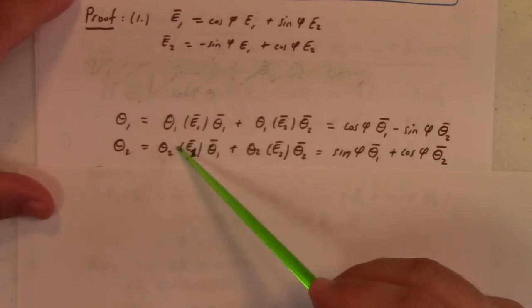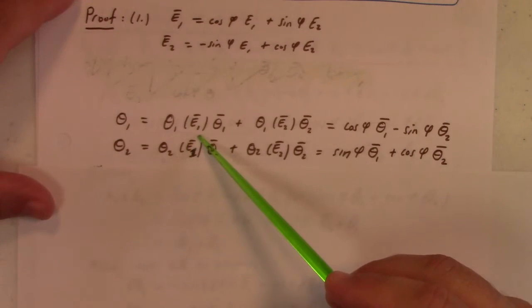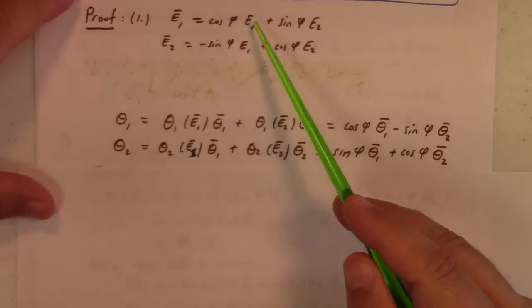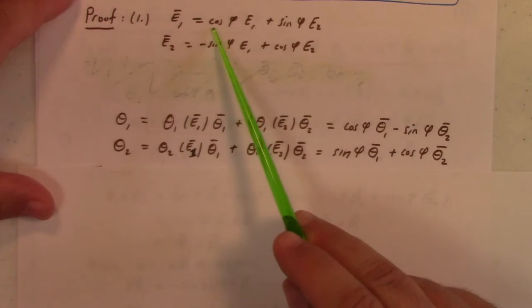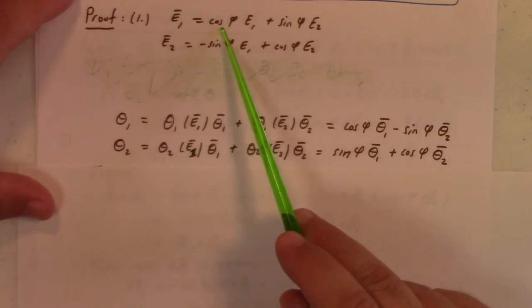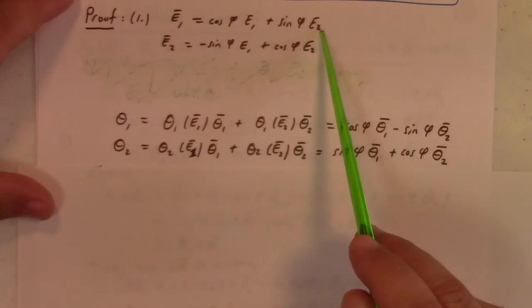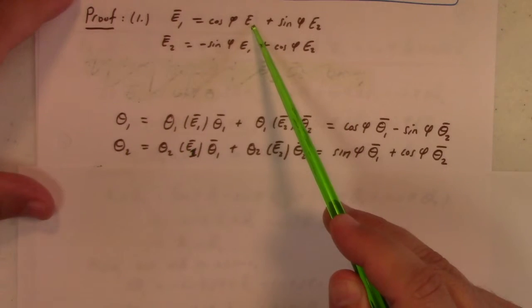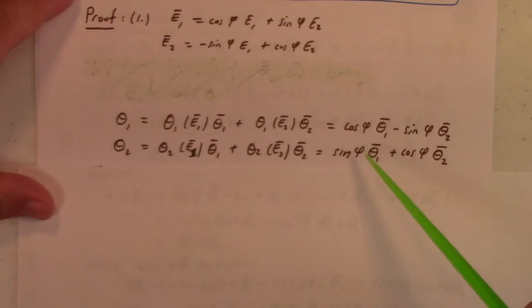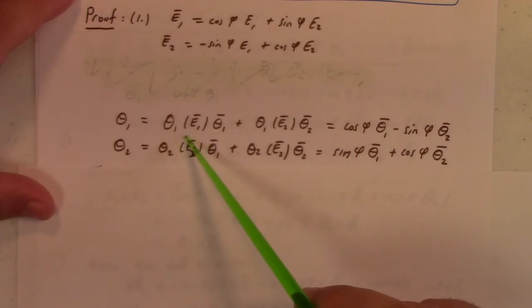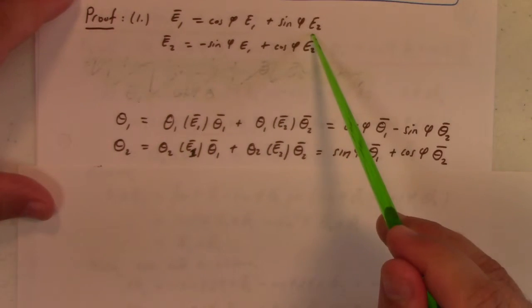So let's focus on this one, theta 1, e bar 1, right? So you take e bar 1 and put that in place, this right here. Now theta 1 hits e1, and it just gives you back 1. So that's why there's a cosine phi here. On the other hand, theta 1 hits e2 and gives you 0.